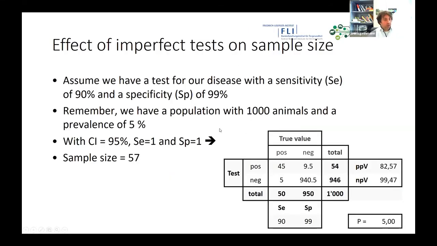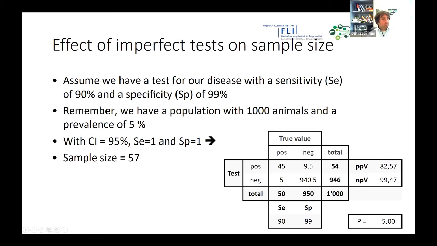And yes, it depends on the prevalence, but in general, if you have a prevalence of 90%, you wouldn't run a survey to find out what the prevalence in your country is. So often you are testing for disease freedom, and for low prevalences, the specificity has a bigger influence.